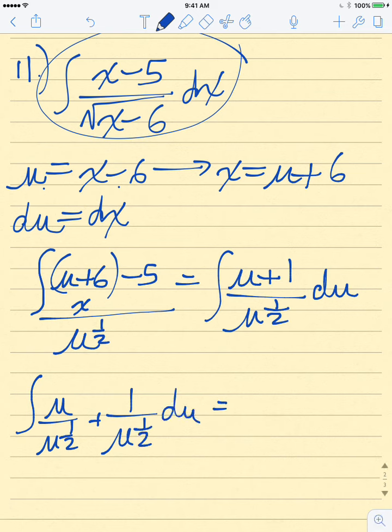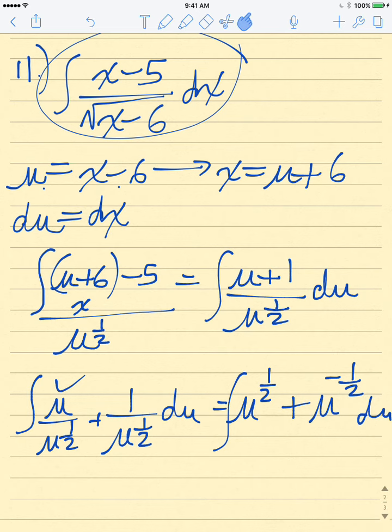And that equals, well, I'm going to use the quotient rule from exponents. U to the first power divided by u to the 1/2 power is u to the 1/2 power. So that takes care of that. Plus, and this is just the same as u to the negative 1/2 power du. Okay, we're ready to integrate now.